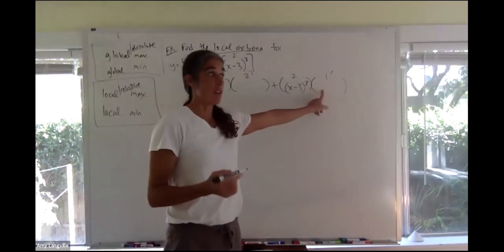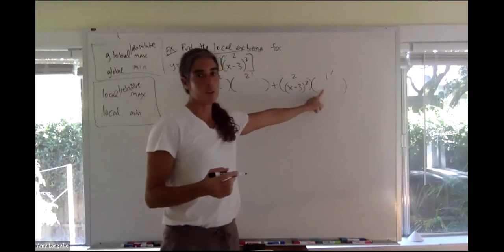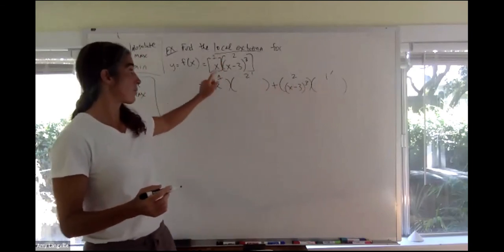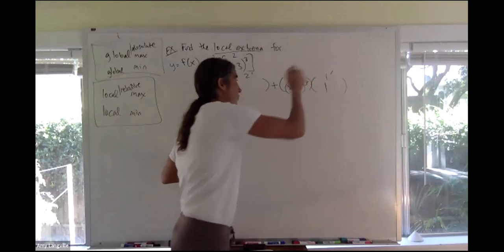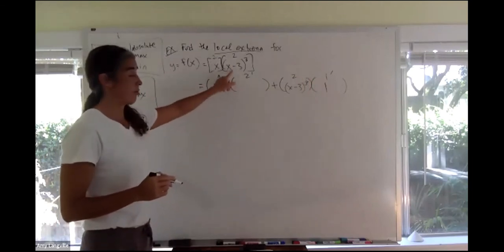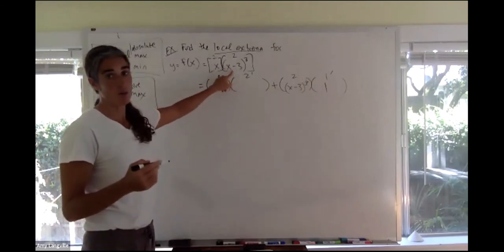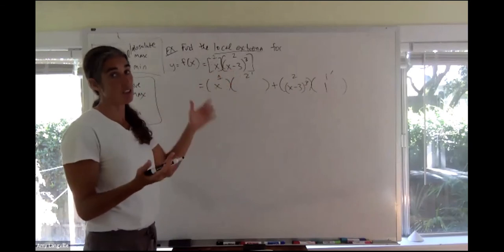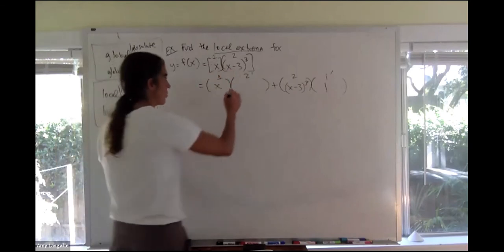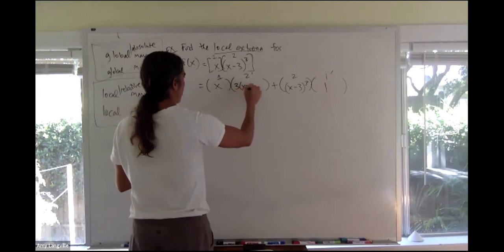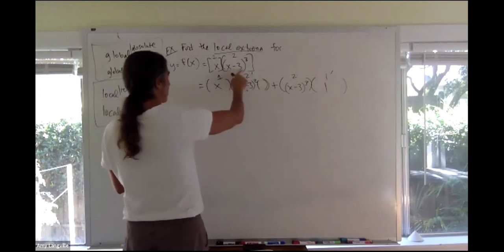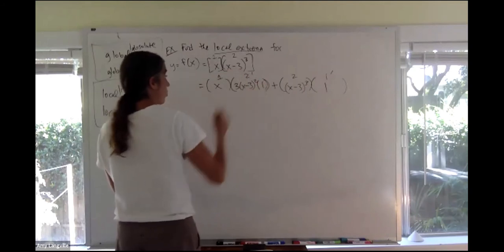Then the last box to fill in is the derivative of the first function. The first function is x, so its derivative is 1. The second function requires the general power rule, which says it's just like the power rule, but you bring the power down, keep the function in parentheses with the power reduced, and multiply by the derivative of what's inside the parentheses, which is just a 1 in this case.